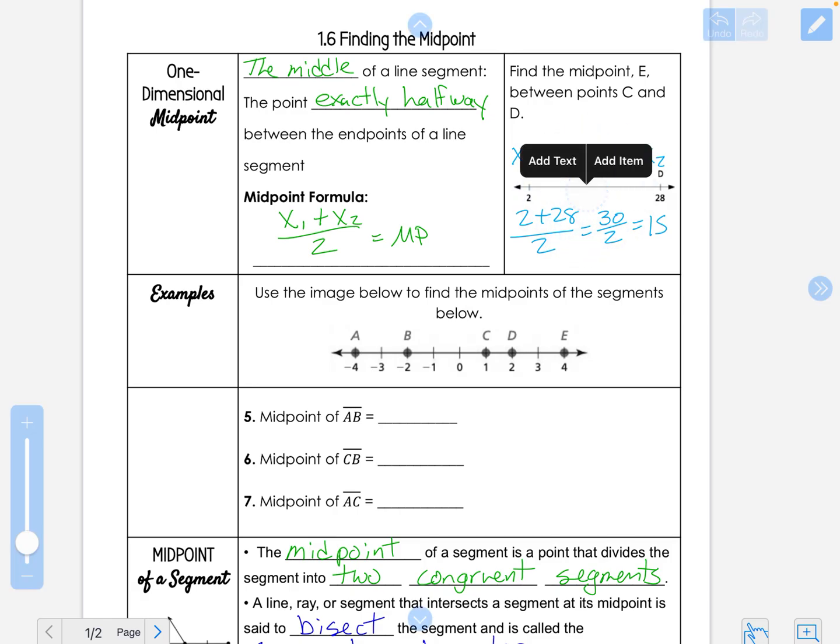So on this number line here, 15 would be our midpoint. It would be halfway between 2 and 28. And the way that we denote that is we draw a little line between our new point 15 and the two endpoints. So we know that those two line segments are congruent.